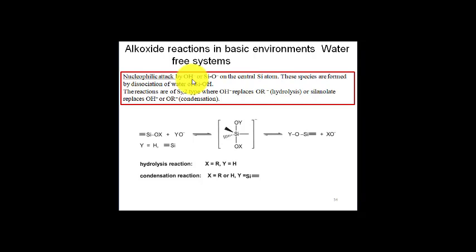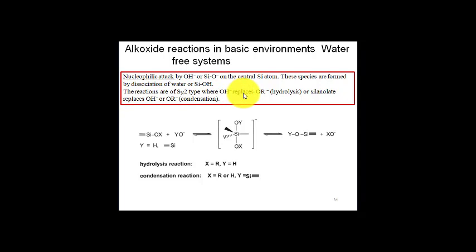So a nucleophilic attacking group, hydroxyl or silicon oxide ion, attacks the central silicon atom. These species are formed by dissociation of water or silicon hydroxide. The reactions are of SN2 type.